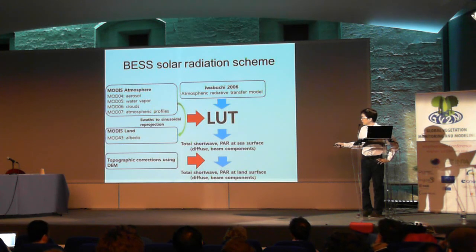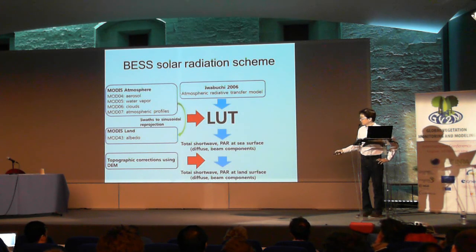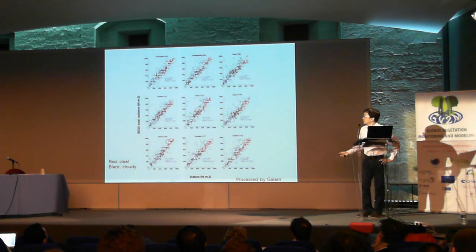Then I compute the total shortwave and PAR at the surface, and then apply the DEM to correct topographic effects. So finally, I got the total shortwave and PAR at the land surface for diffuse and beam components.